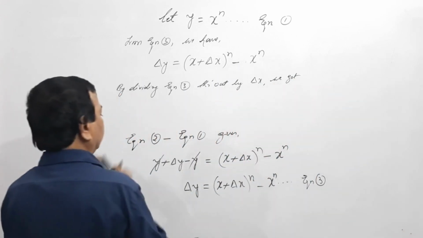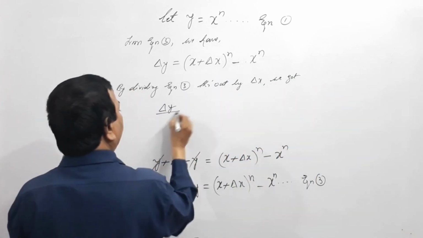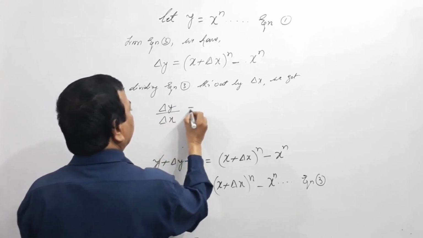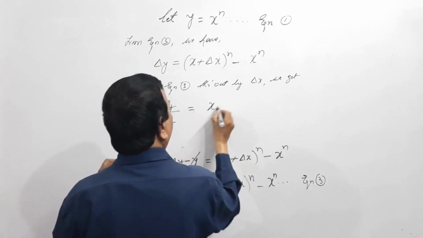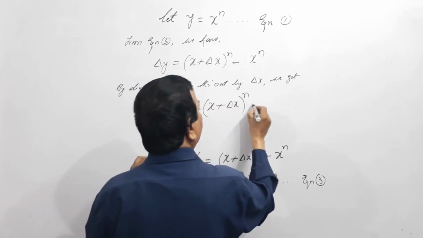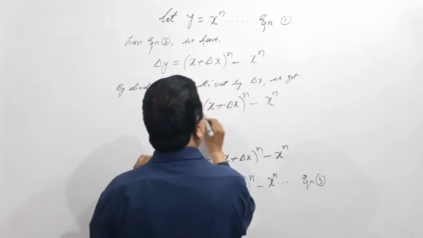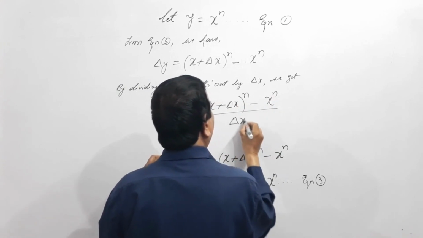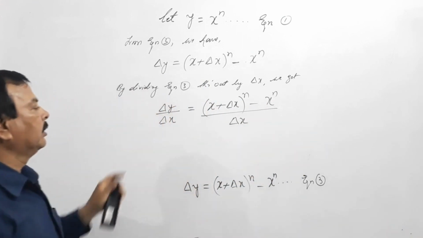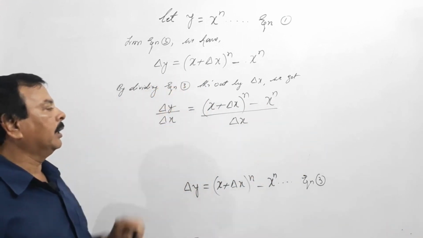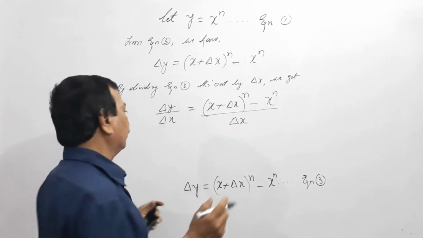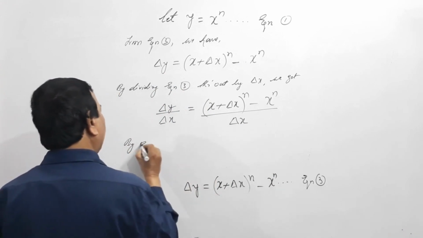We get delta y by delta x equals x plus delta x to the power of n minus x to the power of n, divided by delta x. So we have divided this equation throughout by delta x. Now what I will do is apply limits where delta x tends to 0.